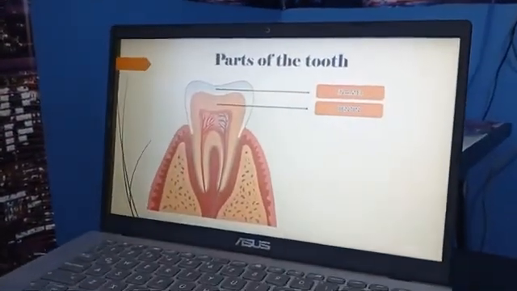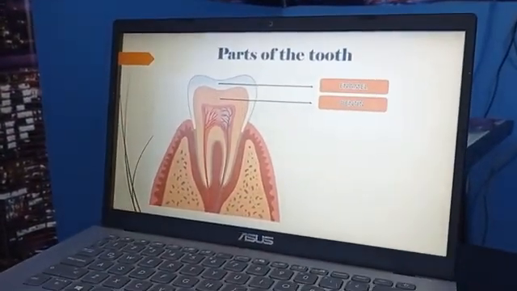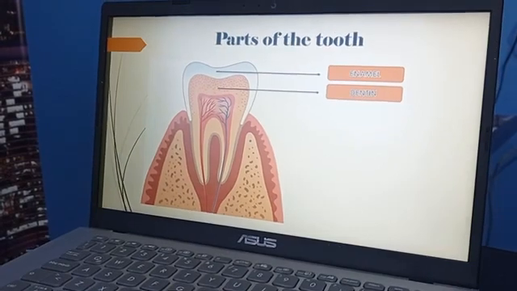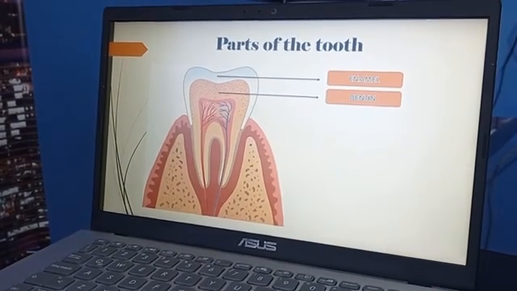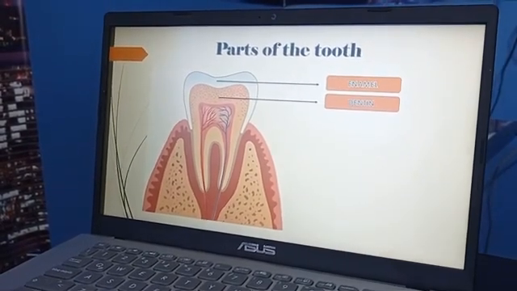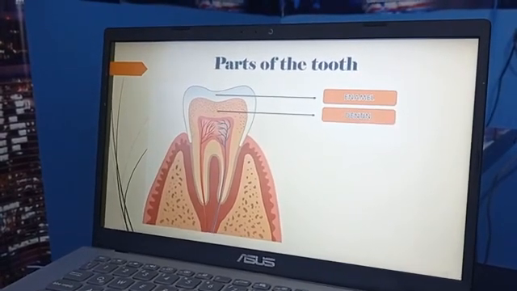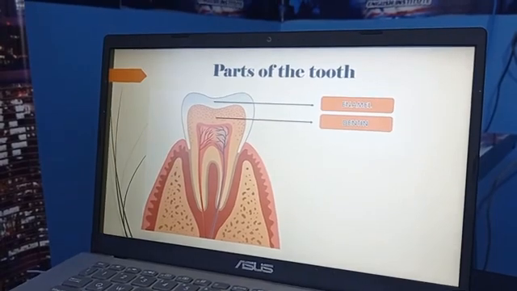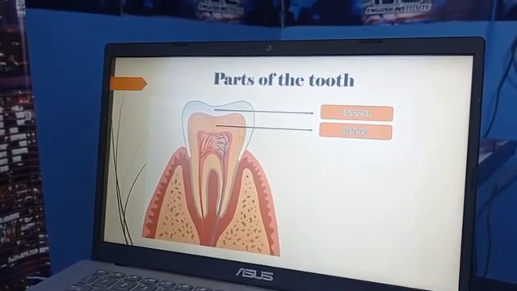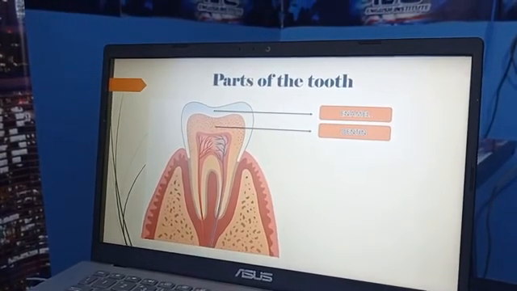The second part is the dentine. It's found below the enamel and gives the white color to the tooth. It is very sensitive to temperature change, and its main properties are hardness and permeability. In addition, it is elastic and translucent.